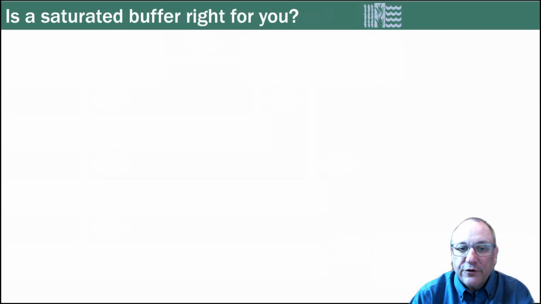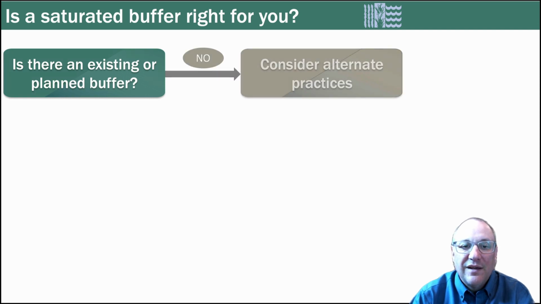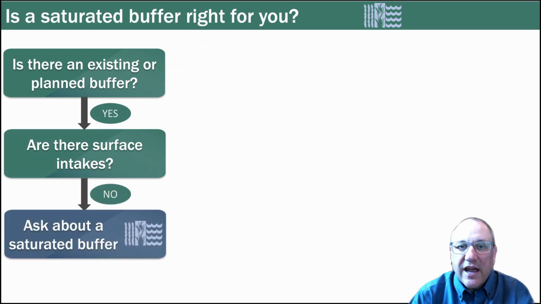For saturated buffers, the first question is whether there's an existing buffer or if the landowner is willing to put in a buffer. If not, then obviously it won't be suited for a saturated buffer, but if so, the next question is whether there are surface intakes on the drainage system. If not, then the site can be investigated for a saturated buffer.